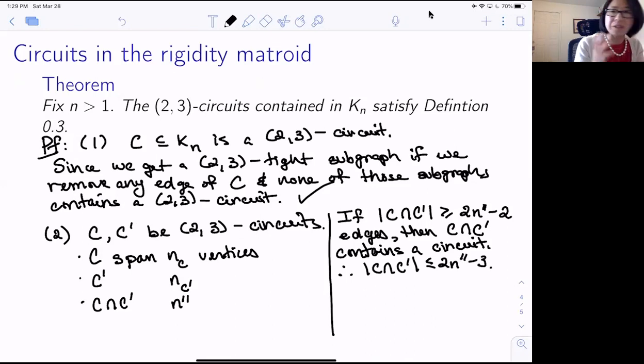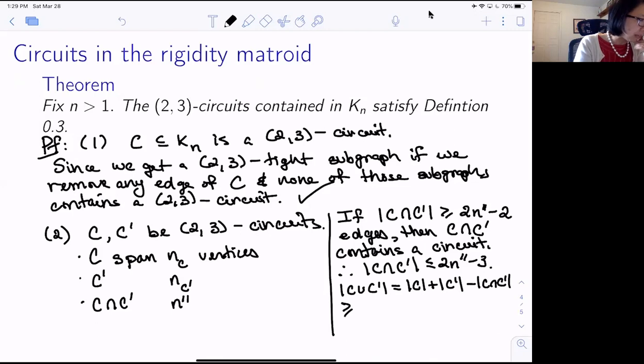And now let's just use the principle of inclusion and exclusion to figure out the size of the union. Well, by the principle of inclusion and exclusion, the size of the union is the size of C plus the size of C prime minus the size of the intersection. So now we're going to get a lower bound.